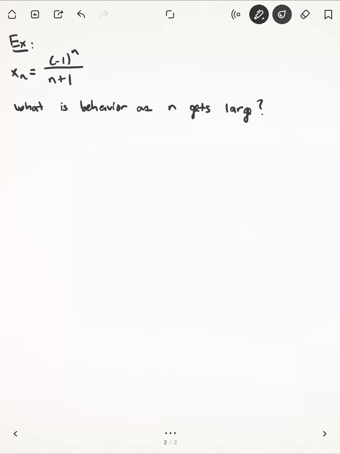Well, we can just write down some terms of the sequence here. We know that x1 is -1/2, x2 is 1/3, x3 is -1/4, x4 is 1/5, and you can continue the sequence.